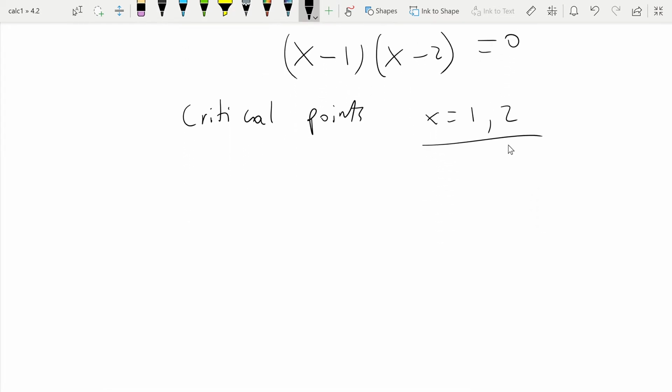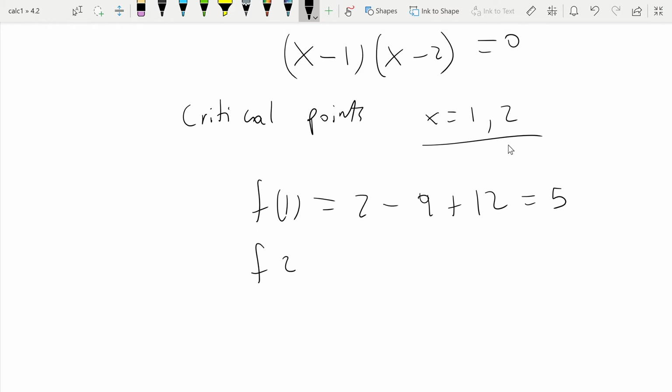And we record the value of f at 1 and f at 2. So what is f at 1? It is 2 minus 9 plus 12, so 5.